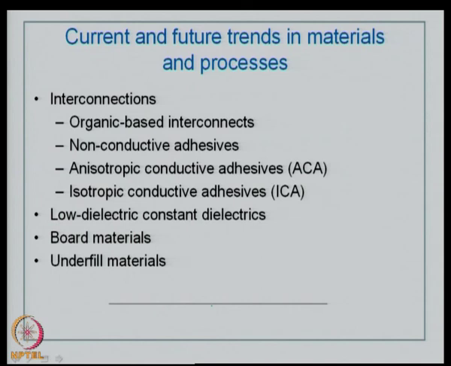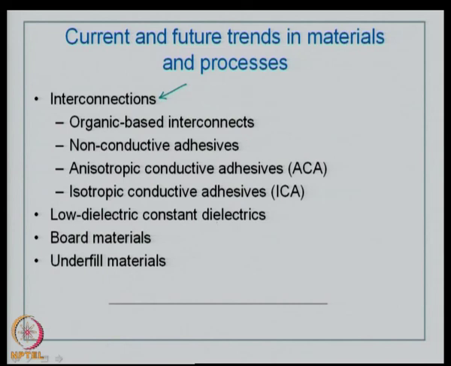New materials are being proposed, new materials are being tried by industry to generate roadmaps that are challenging for the industry, especially in the area of interconnects in the first level and second level. So, we are talking about today organic based interconnects, non-conductive adhesives play a key role when you mount these devices like TAB or a flip chip.